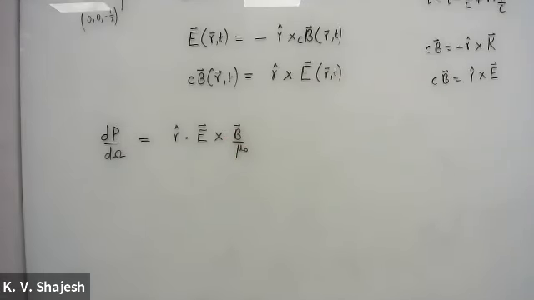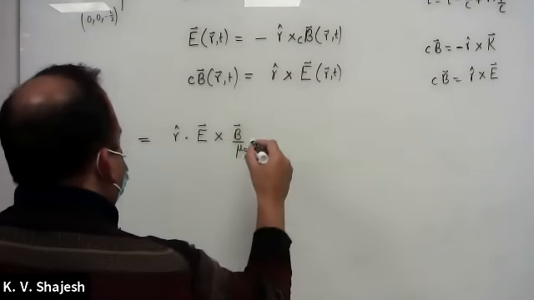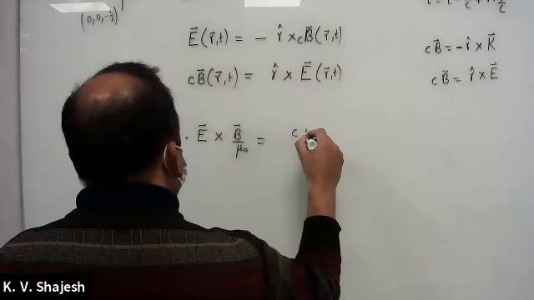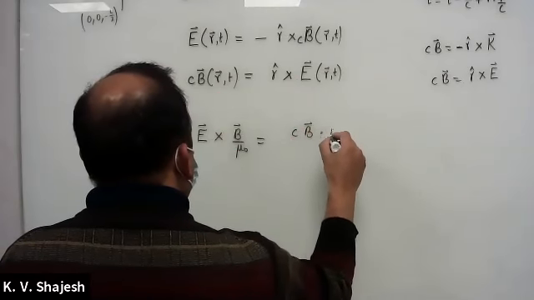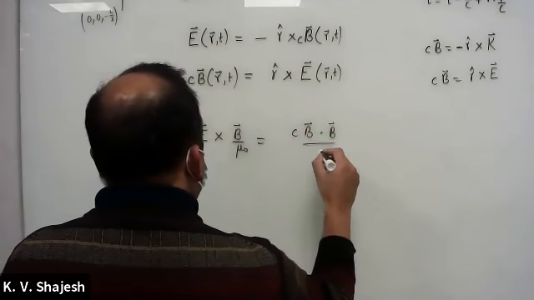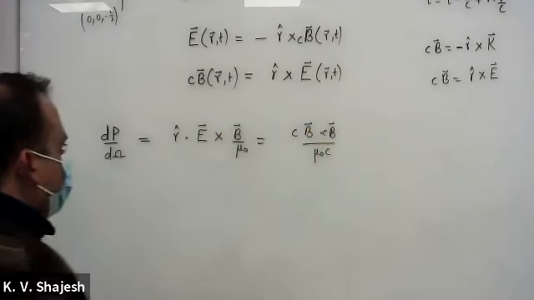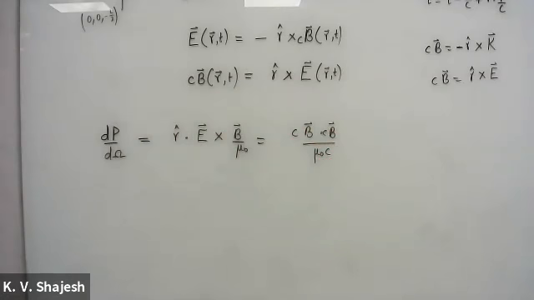But we changed the cross and dot, so it is c times B dotted with B over mu naught. You can multiply by a c and a c, you get mu naught over c.